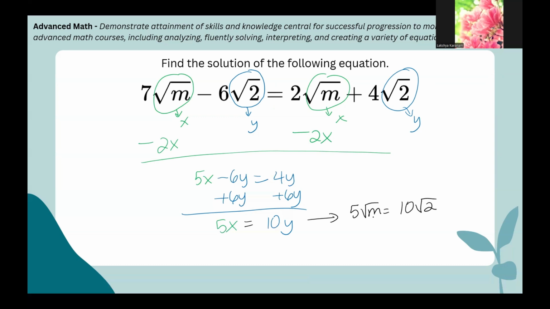Okay, we want to get m by itself. How can we get m by itself? First, we're going to divide by 5. Get square root m equals 2 square root 2. And then to get m by itself, we want to square it, because the opposite of square rooting something is squaring it. So I'll leave you with m equal to 8.